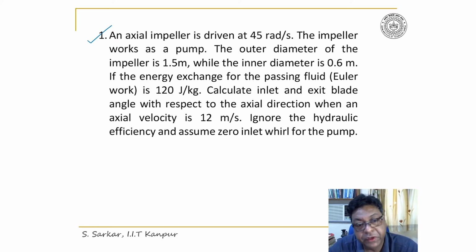The outer diameter of the impeller is 1.5 meter, while the inner diameter is 0.6 meter. If the energy exchange for the passing fluid, that's Euler work, is 120 joule per kg, calculate the inlet and exit blade angle with respect to the axial direction when the axial velocity is 12 meters per second.